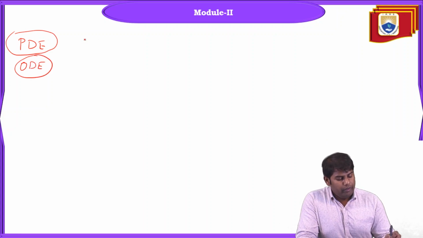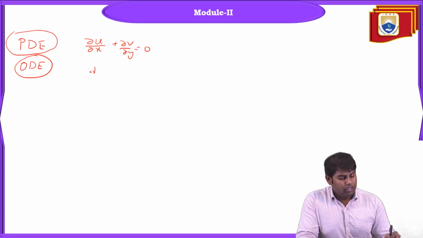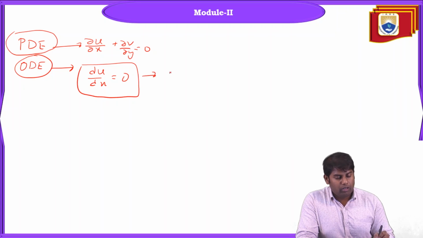So we have the equation dou u by dou x plus dou v by dou y is equal to 0. This is a partial differential equation. If you take du by dx is equal to 0, this is an exact differential. Otherwise, you have one more, du by dx plus dv by dy is equal to 0.